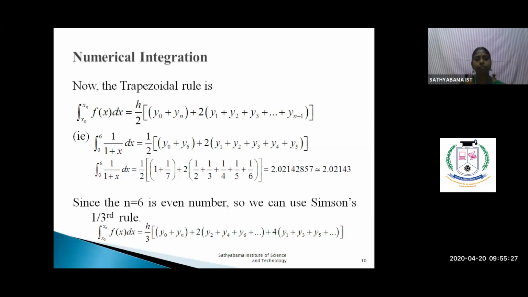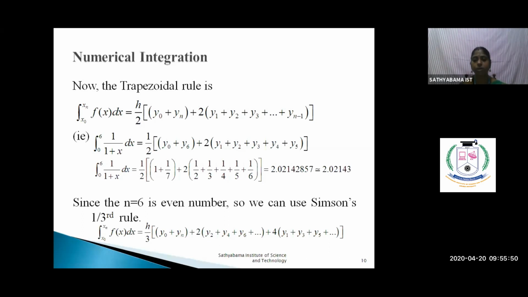So now after calculating this, what am I getting? The answer is 2.02142857. Now if I want to correct the root to 5 places of decimals, you see that 8 is here. So 8 is more than 5, so I can add 1 to that. The 2 becomes 3.